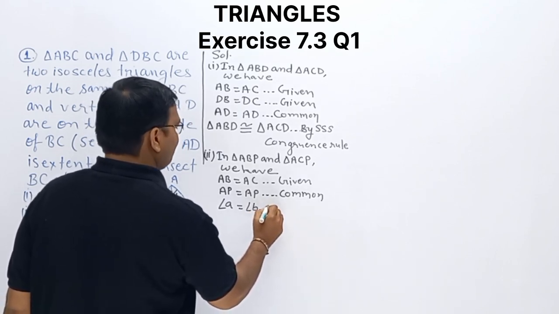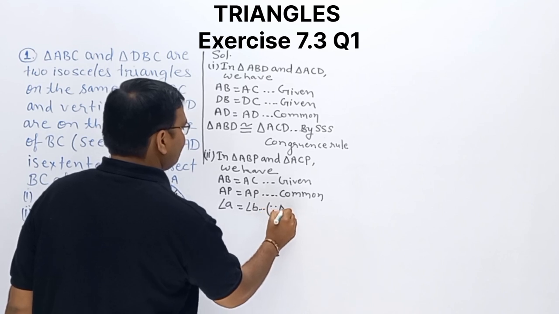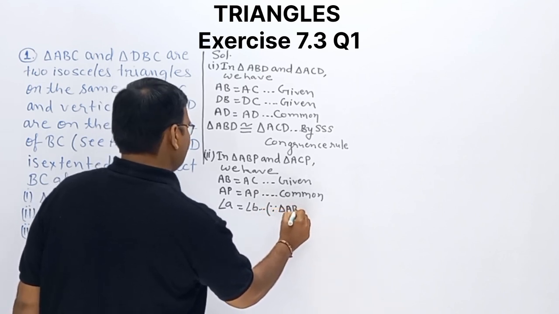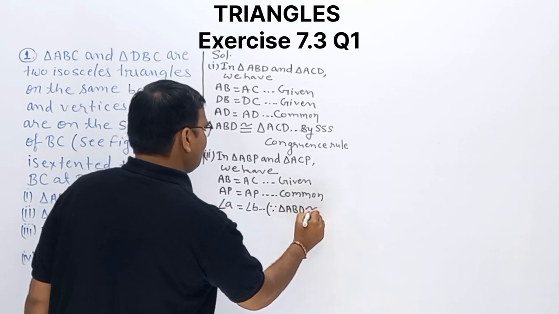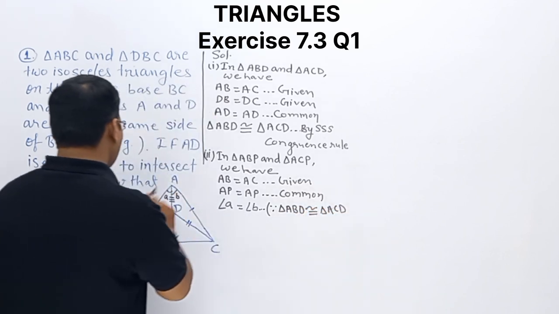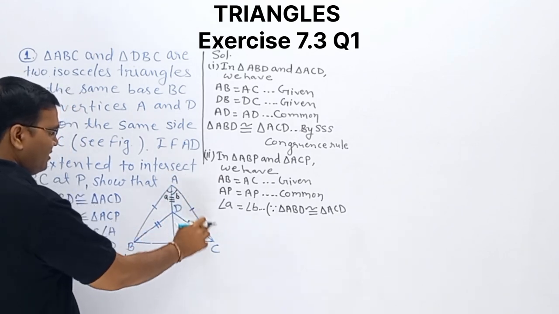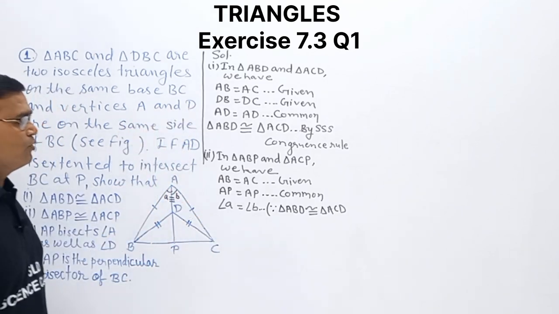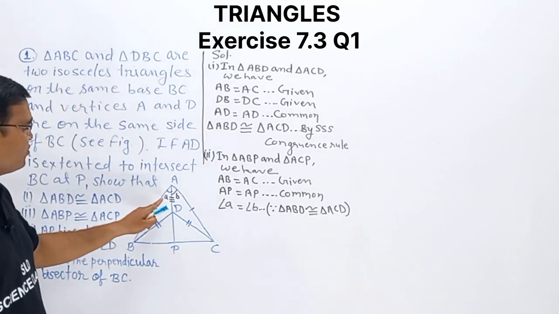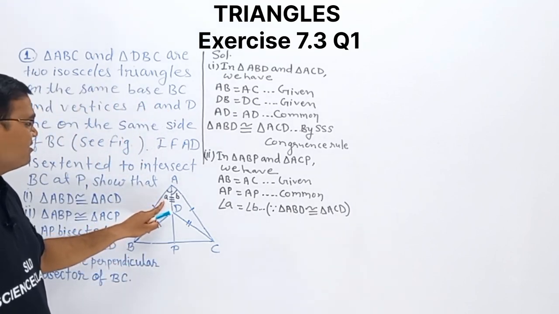So why? Since triangle ABD is congruent to triangle ACD, we proved. Once these two triangles are congruent, then corresponding parts of congruent triangles will be equal.